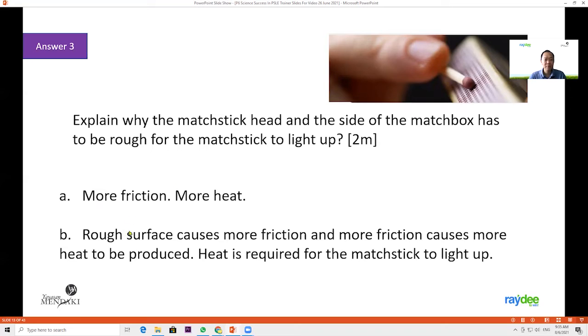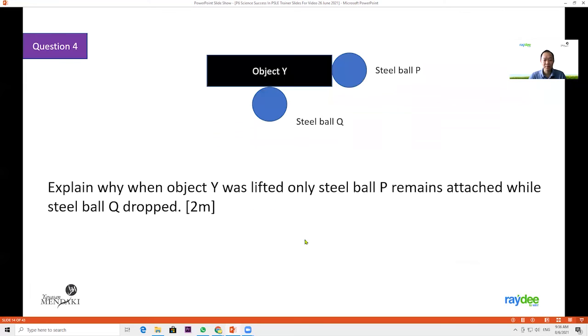Okay, so we start with this, right? You say that the rough surface of the matchstick as well as the side of the box causes more friction, and more friction causes more heat, and heat is required for the matchstick to light up. Simple as that. Okay, right? So that's wrong. This is correct.